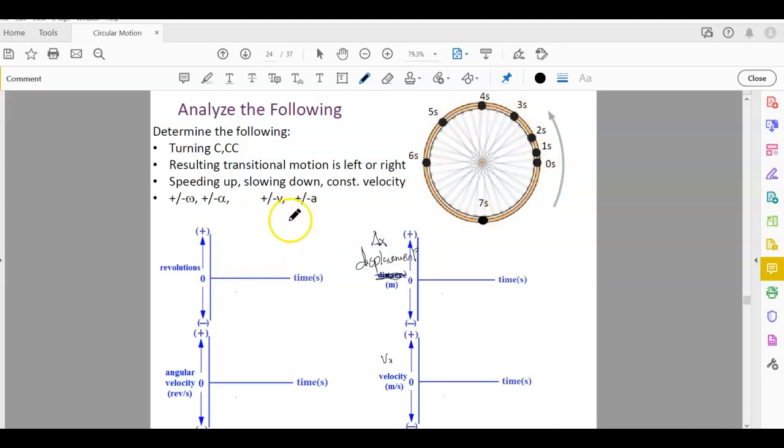If it's speeding up counterclockwise, we'll say it starts at 0 revolutions. It's not only rotating in the positive direction, but it's going to have a positive angular acceleration too, because speeding up means angular acceleration and angular velocity are in the same direction.